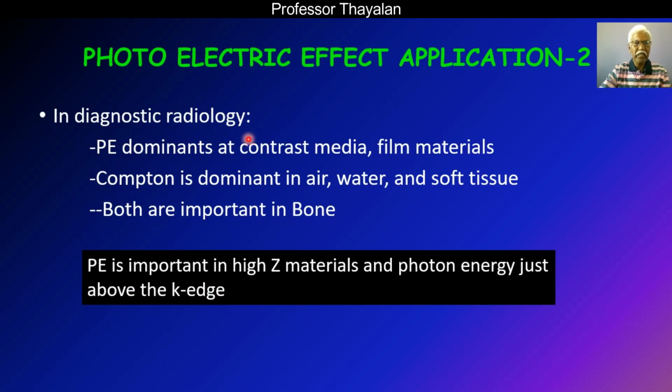In diagnostic radiology, photoelectric effect dominates in contrast media and film material. Compton is dominant in air, water and soft tissue. Both are important in bone. So photoelectric effect is important in high Z material and at photon energy just above the K edge.